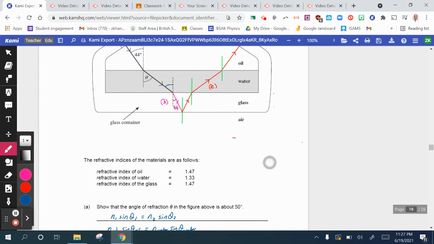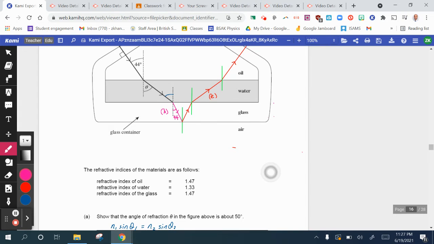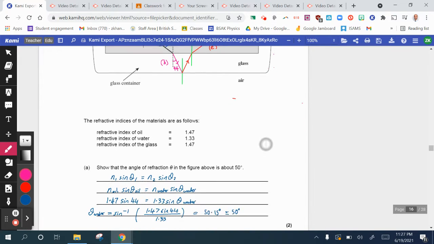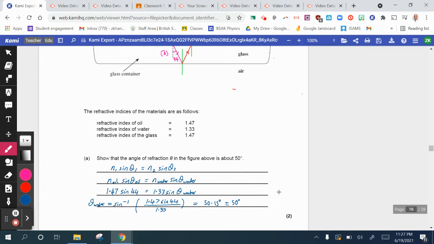We are going to use Snell's law here because we are given refractive indexes and angles. Snell's law is written here. I like to write down the medium in which the ray is, so I don't get the numbers mixed up.